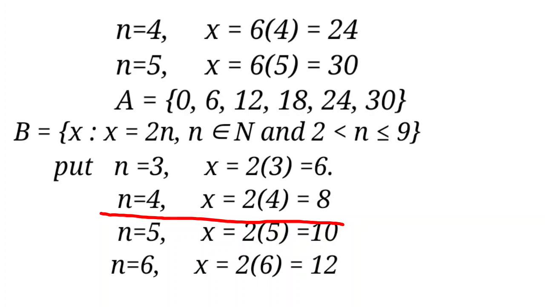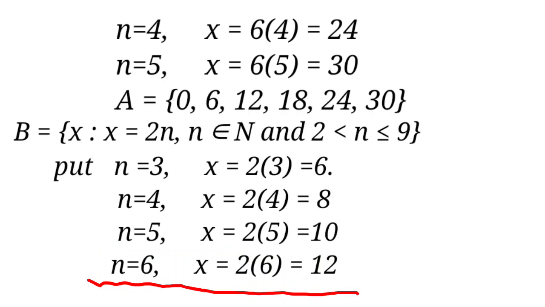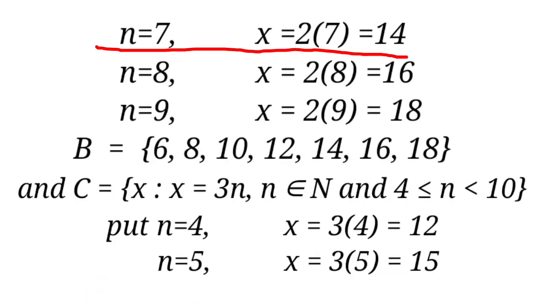x is equal to 2 into 4, we get 8. Put n is equal to 5, x is 2 into 5, 10. Put n is equal to 6, then x is 2 into 6, 12. Put n is equal to 7, x is 2 into 7, we get 14.